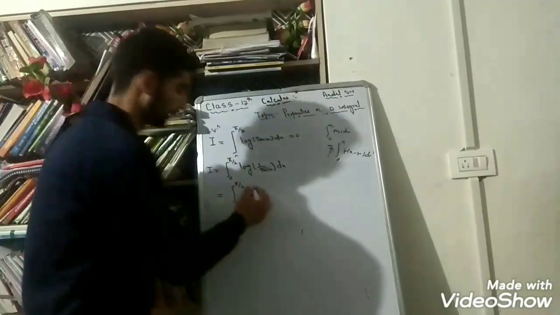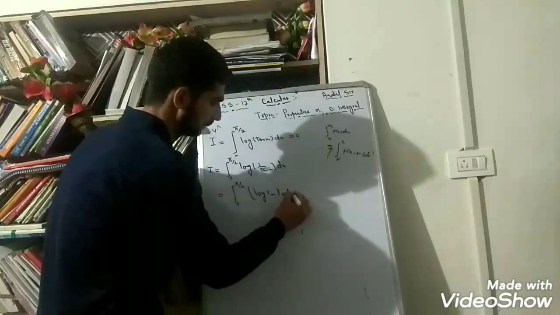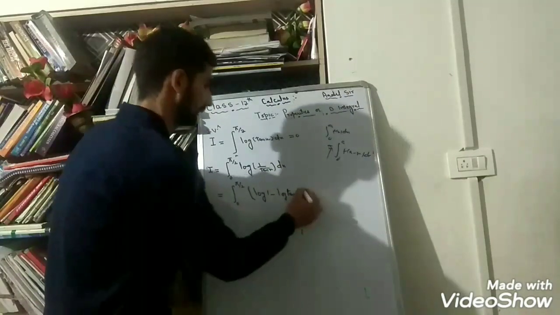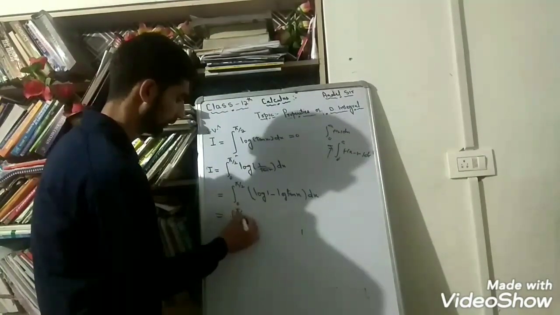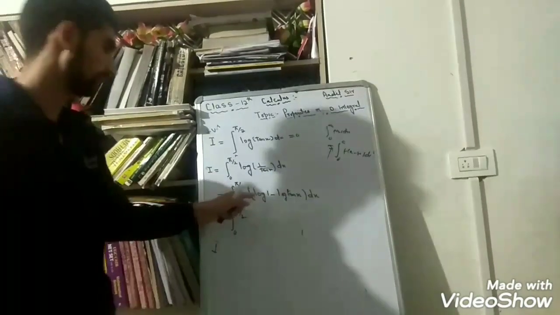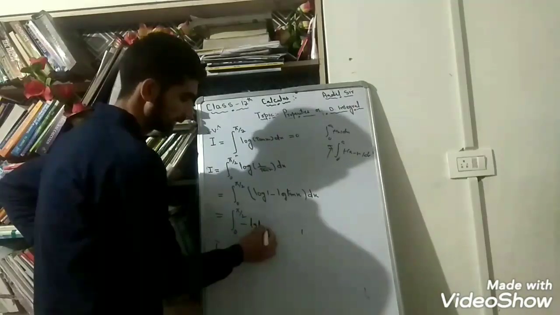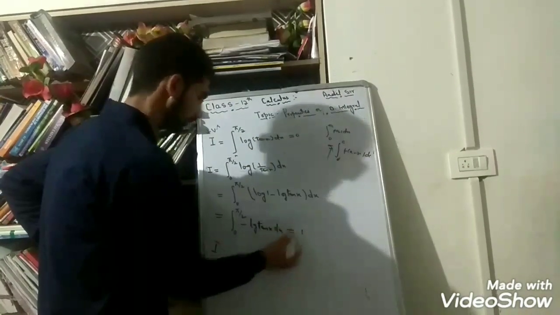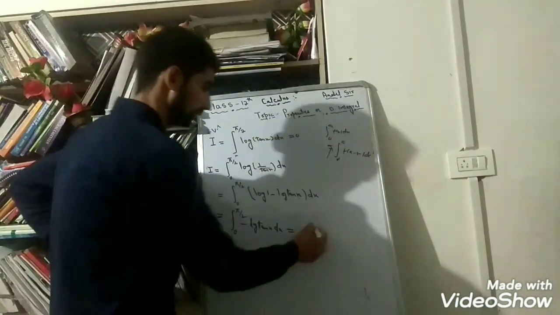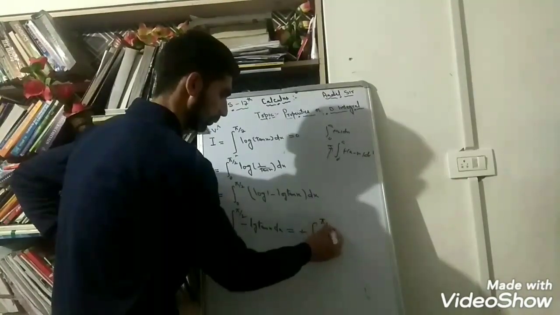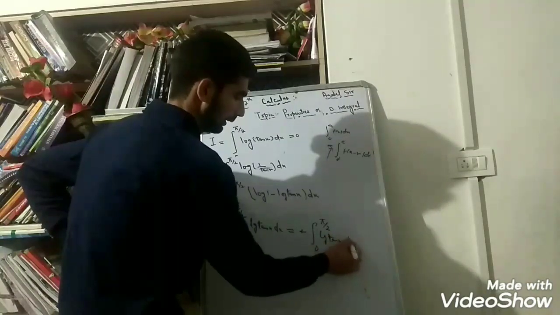So log of 1 minus log of tan x, dx. What is the value of log 1? That is 0. So it will be 0 minus log of tan x dx, which is further equal to minus 1 times the integral from 0 to pi divided by 2 of log of tan x dx.